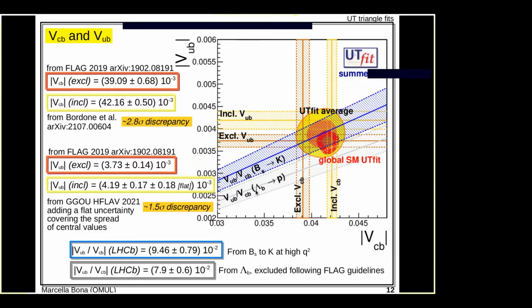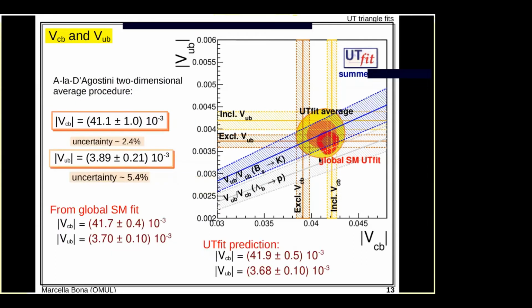I'm not sure how it's going to end, but at the moment we have been excluding it, basically following the FLAG guidelines of excluding cases where only one determination of the lattice QCD parameters is available, which is a little bit unfair both on the lattice determination and on the experiment determination. But yeah, that's how it is at the moment.